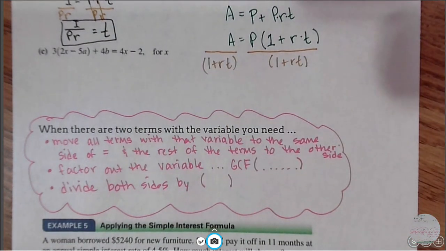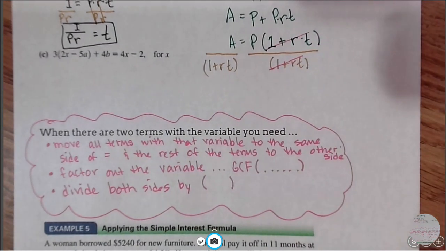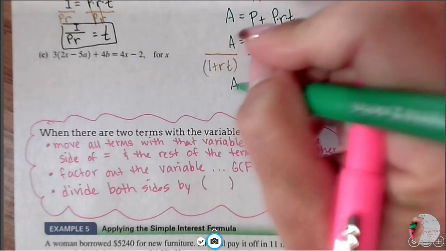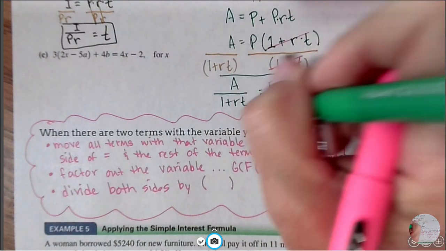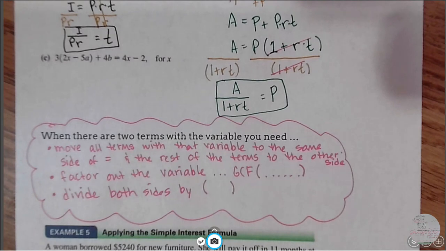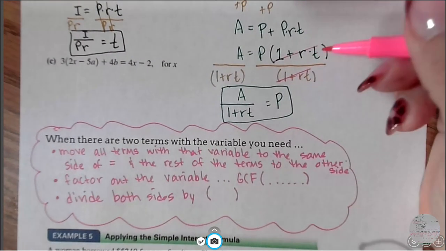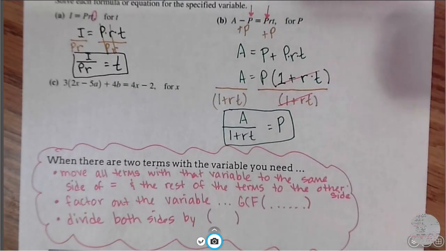On the right side, that allows me to cancel the 1 plus RT because it exactly matches. And now I have P by itself. P is equal to A over 1 plus RT. And that is the answer for this problem. Notice that there's only one P left. There's no P's on the right side. That means I have isolated P, or solved for P, which was what the direction said.